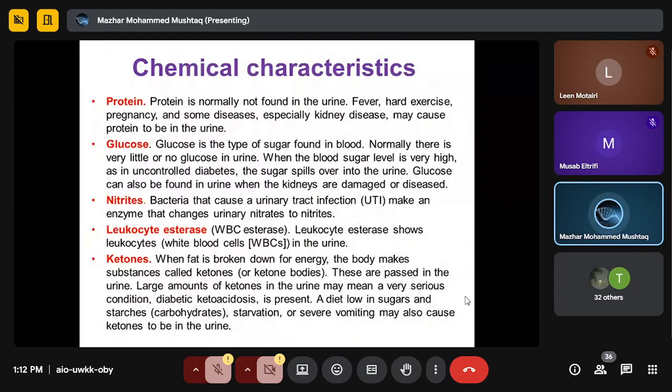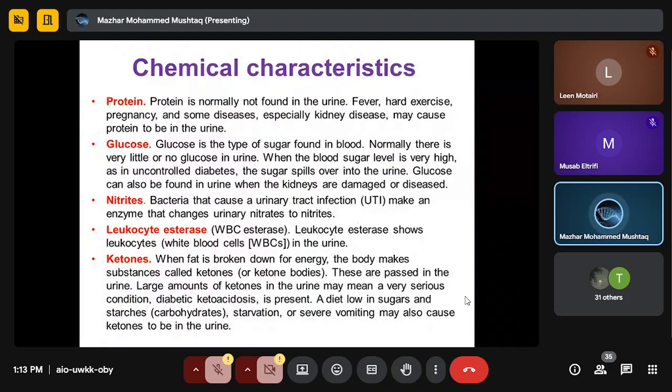So, what are the chemical findings, or diseases, that you can label? For example, protein is not normally found in the urine, but if we have had a fever for a long time, heavy exercise, even in pregnancy and some other conditions, it can occur.